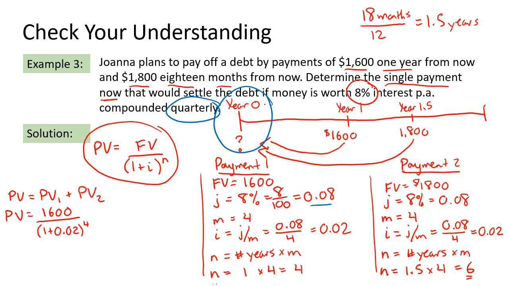That's our present value for payment 1, plus our present value for payment number 2, which is $1,800, divided by, again, 1 plus 0.02. The difference here is this is raised to the exponent 6, because it's further into the future.